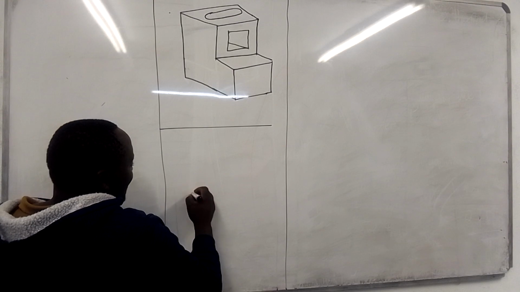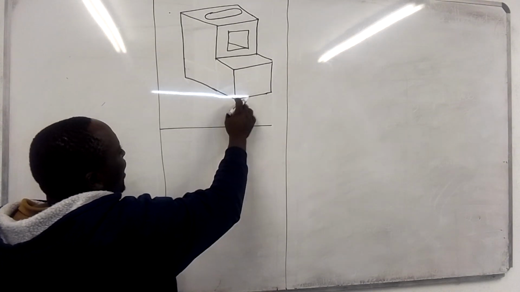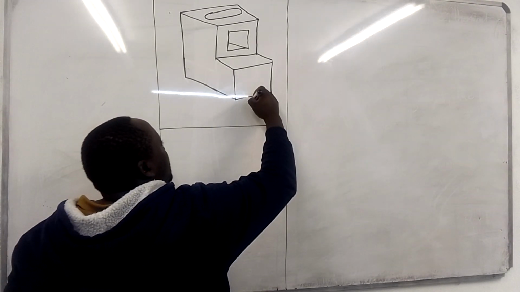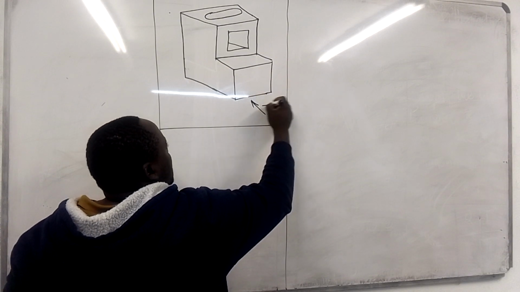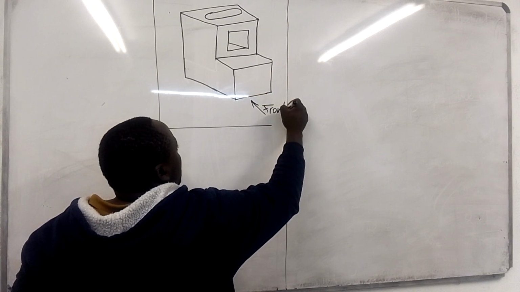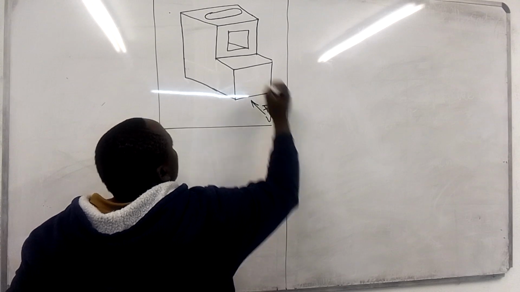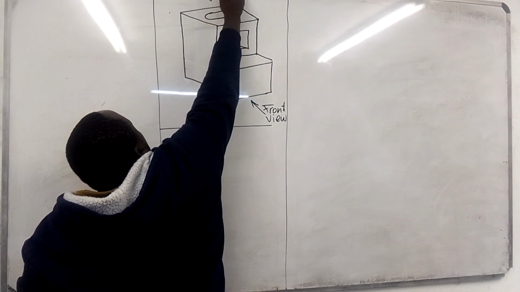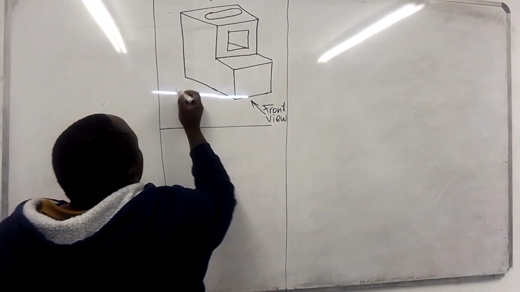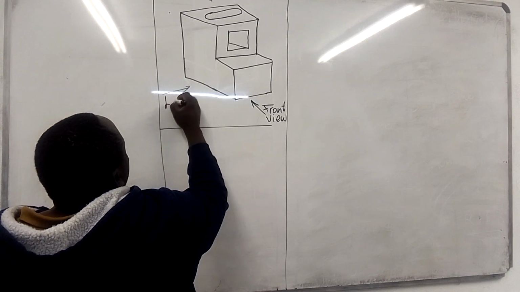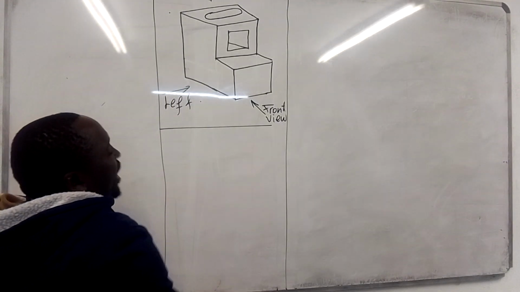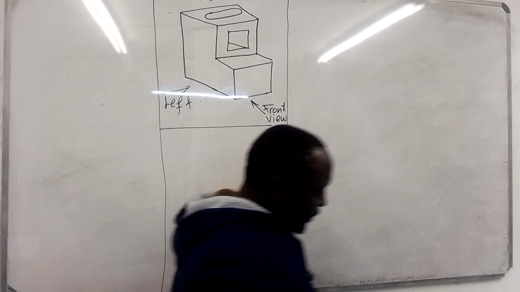Okay. So this one, my front view is this side. This is front. Then from there, top. From this side is left. Am I able to see the right view?